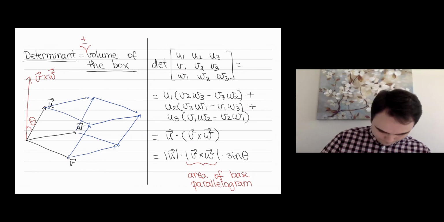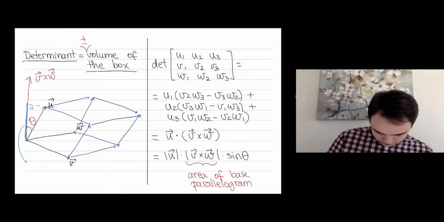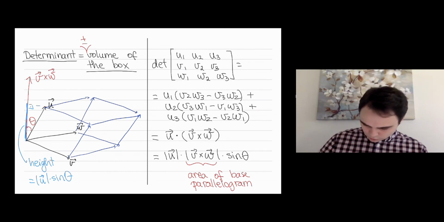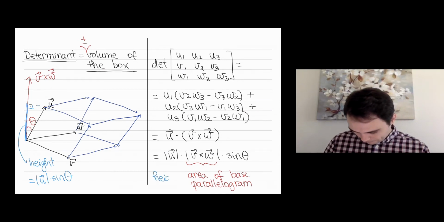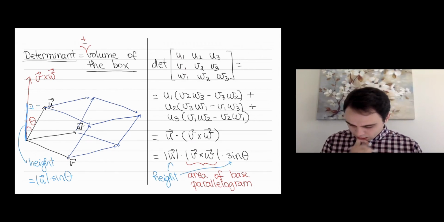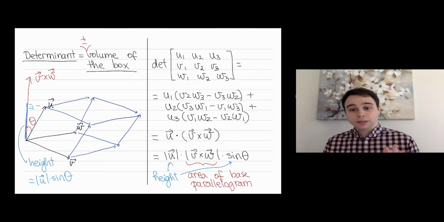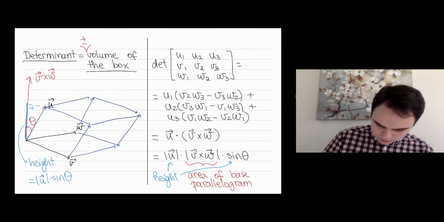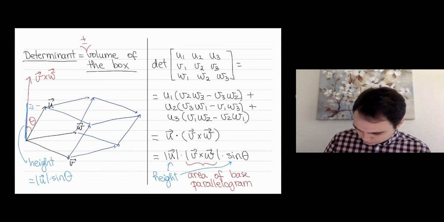So here the height is the length of u times sine theta. So here we have the height. And so you see I'm multiplying the area of the base parallelogram by the height of the box, and this gives me the volume of the box. So this is the volume.